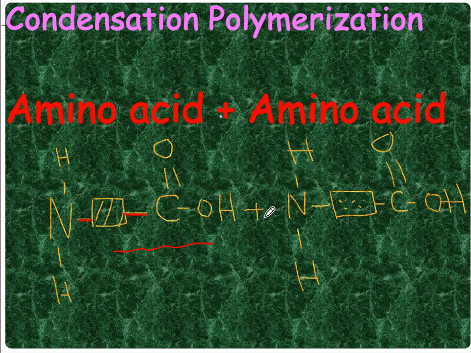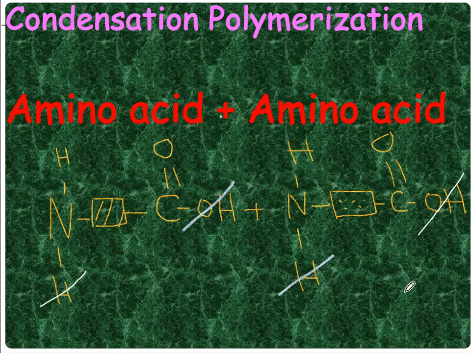It will react with another amino acid. And of course here we have a difference. The CH2 is different here, the radicals are different. So if we make lines for the first bracket, we're going to shade with spots or dots the second bracket. And then we're going to remove water.